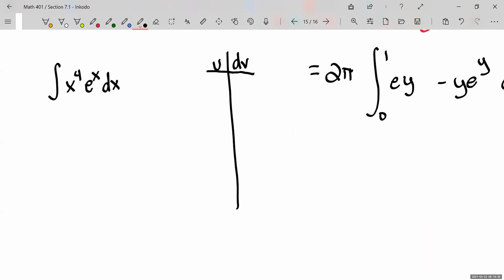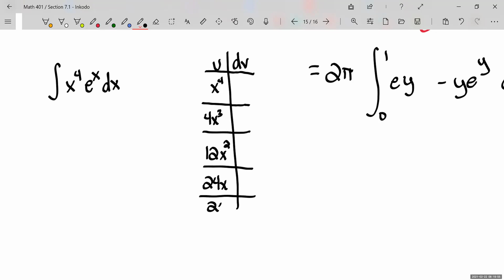Pick something that you want to differentiate. Obviously, the x to the 4th, because that will definitely disappear in the long run, and start differentiating. 4x to the 3rd, 12x squared, 24x, 24, and then 0.